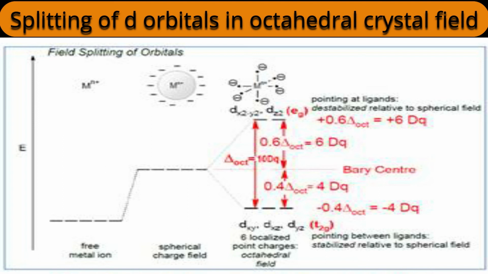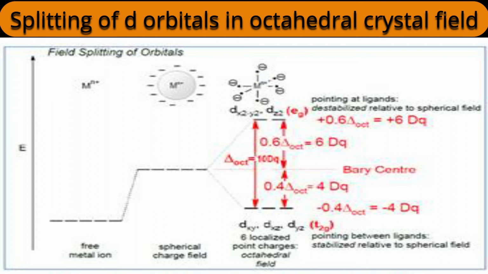If we consider that complete energy gap as 10 Dq, what is that complete energy gap? The energy gap between T2g, the lowest split orbital, and Eg, the highest split orbital, is called the crystal splitting parameter. That crystal splitting parameter is represented by the symbol delta O in case of an octahedral field, or 10 Dq.